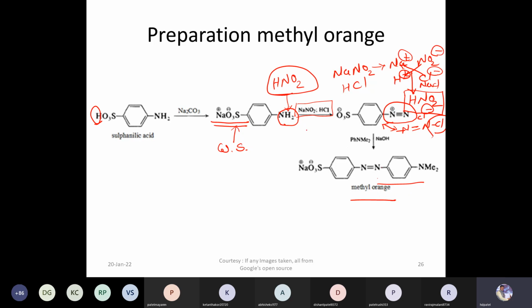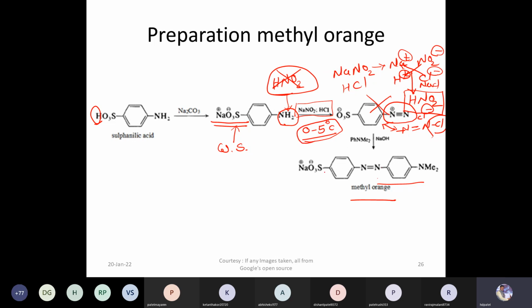Now the most important parameter is that throughout the reaction we have to maintain 0 to 5 degree centigrade. If the temperature is high, what happens? Decomposition of the diazonium salt will take place. Both will decompose at high temperature, and that's why we have to maintain the proper temperature of 0 to 5 degree centigrade throughout the reaction.